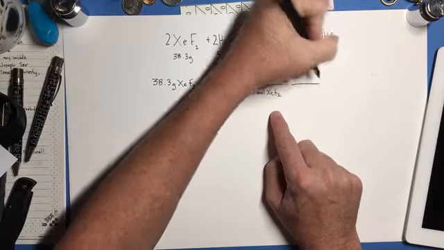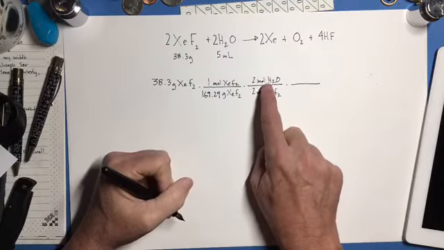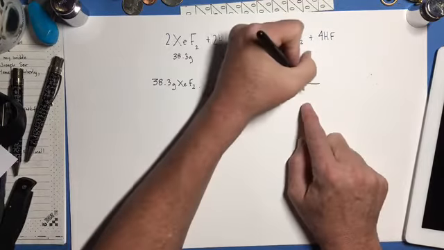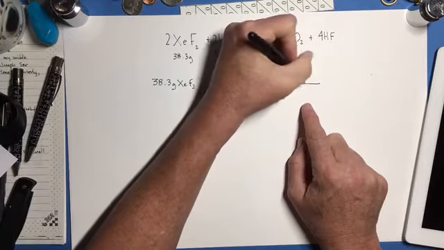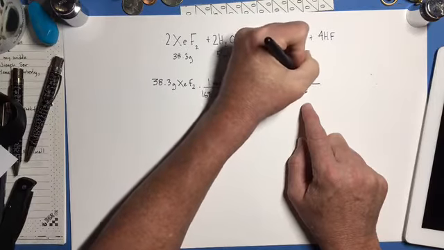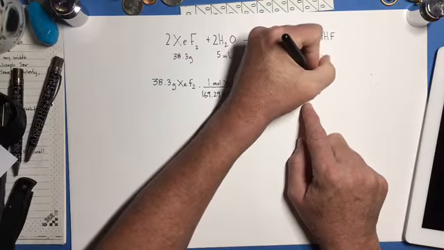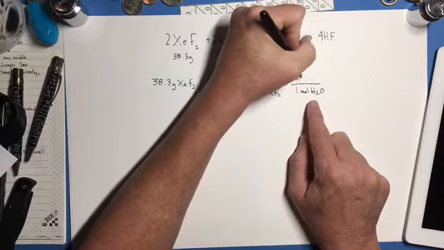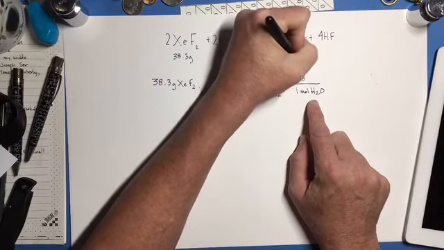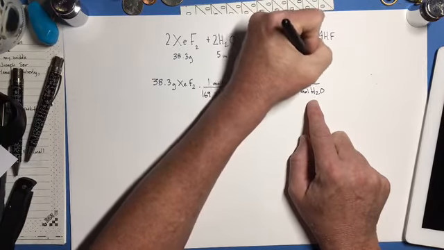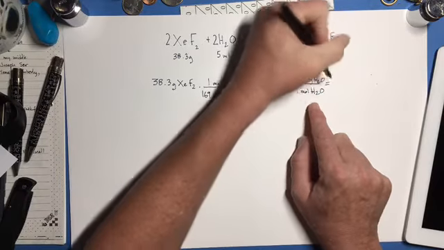And finally, I want to go from moles of H2O to grams of H2O, so 1 mole of H2O, and the molar mass of water is 18.02 grams of H2O.